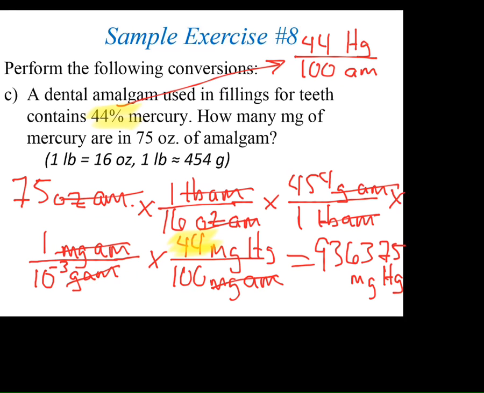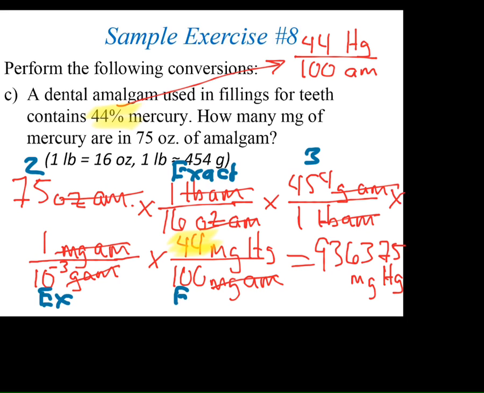So let's check our sig figs here. So 75 ounces, that's 2. 1's exact, 16. This is English to English, pounds to ounces. So this whole thing's exact, right? How about 454 grams to 1 pound? That is 3, right? Because the grams is metric, the pounds is English. So that's 3. Milligrams to grams, that's metric, so that's exact. 44 to 100.